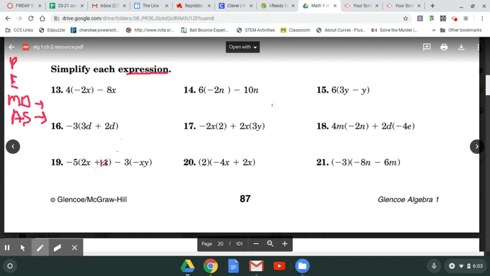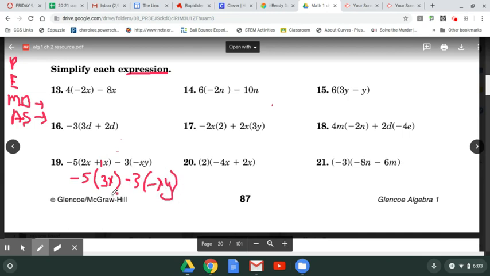Yes, those are like terms. And so what's 2x plus 1x? Right, it's 3x. So we bring down the negative 5 times 3x, because we did inside the parentheses, minus 3 times negative xy.